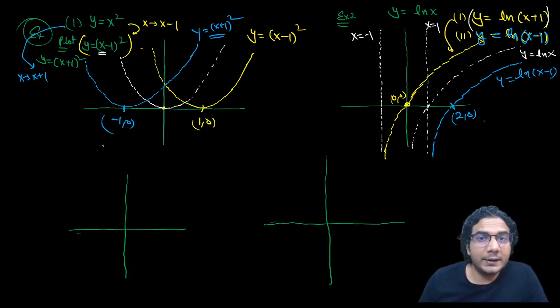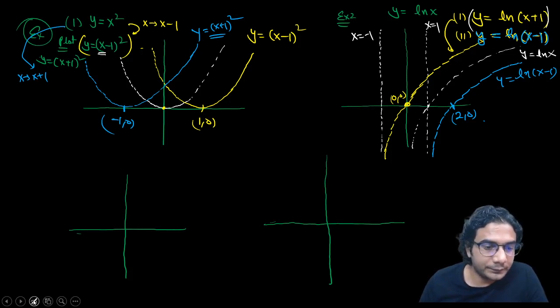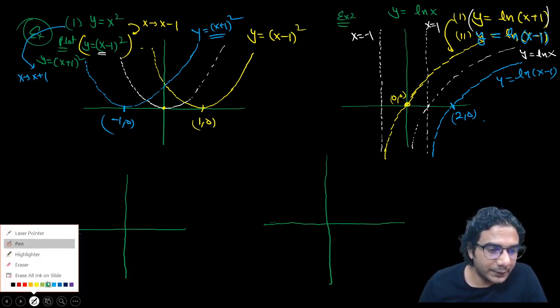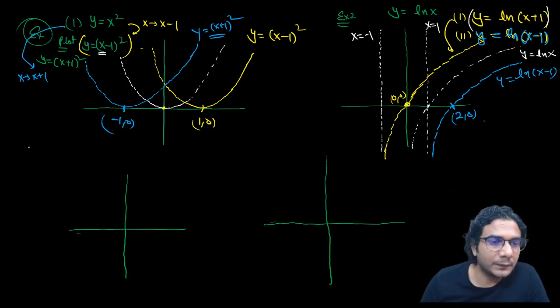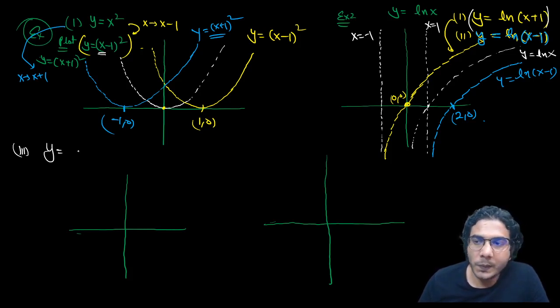Now let's take another example. My third example: if you have y is equal to e raised to x, you won't be able to see the difference.